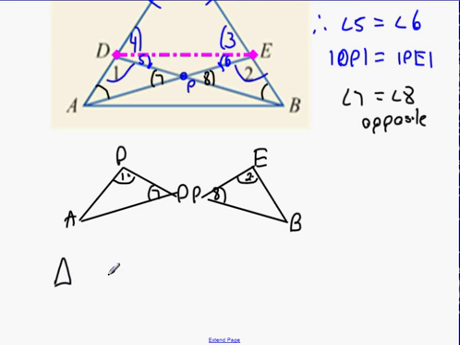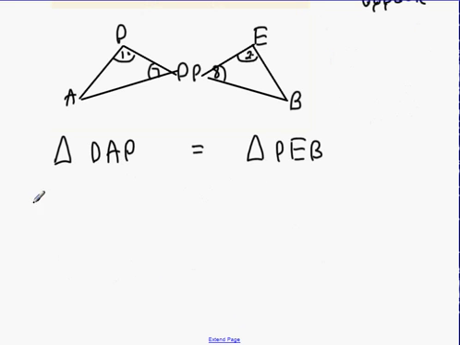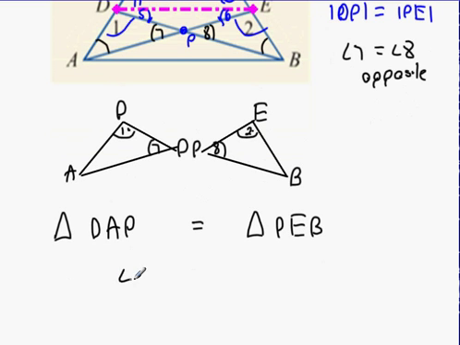So triangle DAP equals triangle PEB. Let's prove this once and for all using ASA. I'm going to have angle 1 equals angle 2, given.